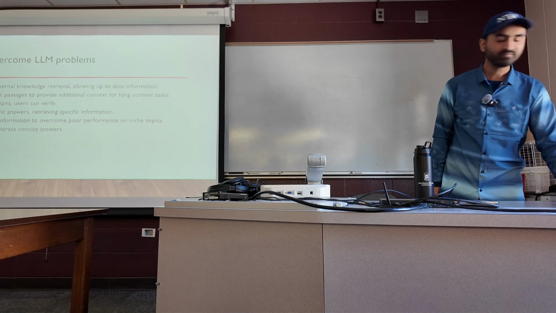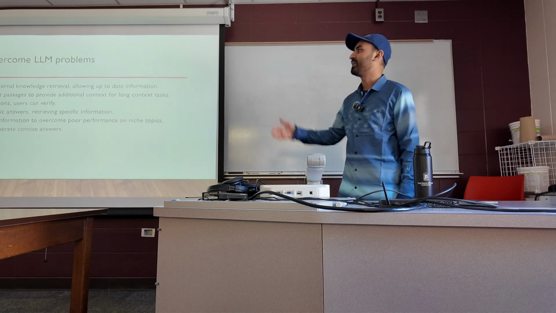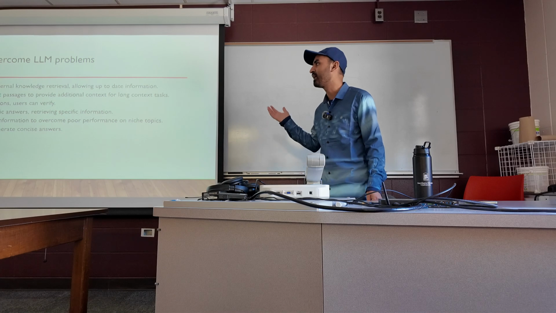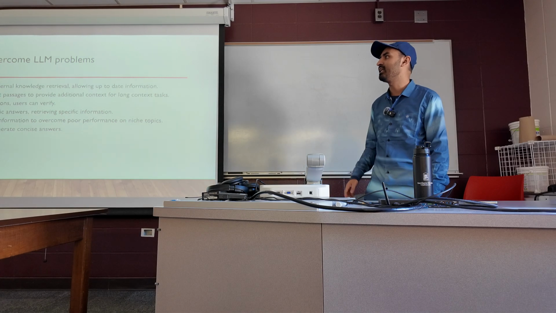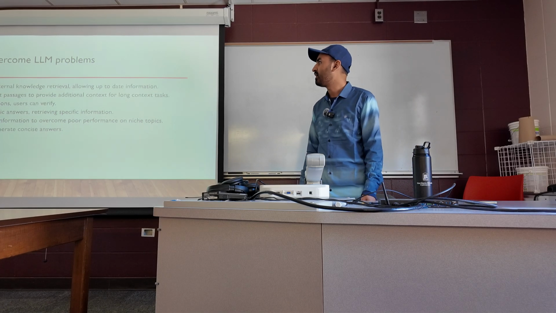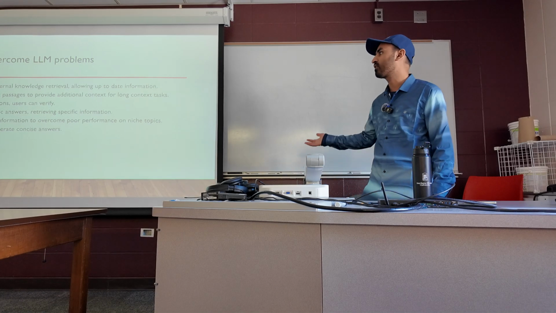And now how does RAG overcome those types of problems? RAG augments external knowledge. So if there are some very niche topics, something about healthcare, we assume that maybe the LLM does not perform well. So RAG maybe performs well here. Also it retrieves relevant passages to provide additional context for long contextual tasks.